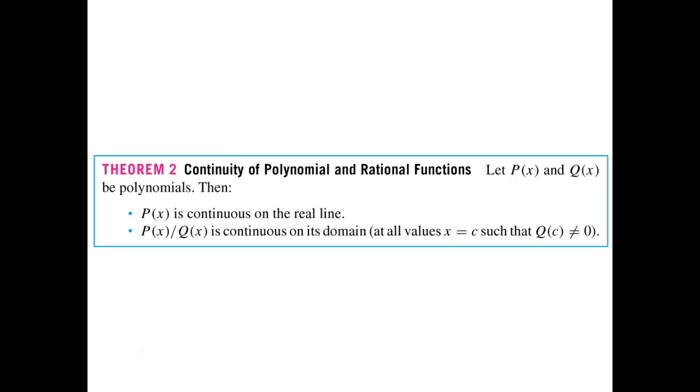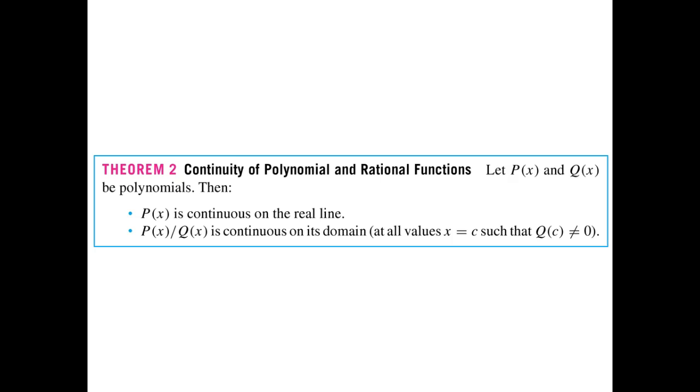Now, their sums are, their differences are, their products are still smooth and continuous. I meant to say product. I think I said quotient. Sums, differences, and products are. But the quotient, P of x divided by Q of x, is continuous on its domain. Now there's the weasel word.